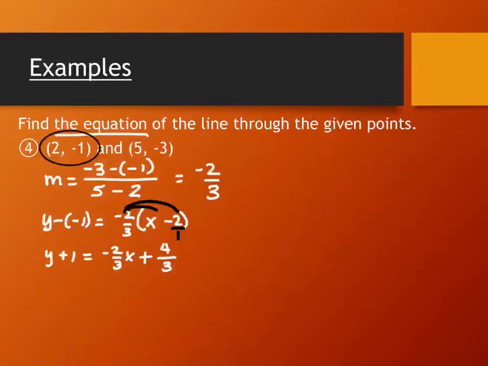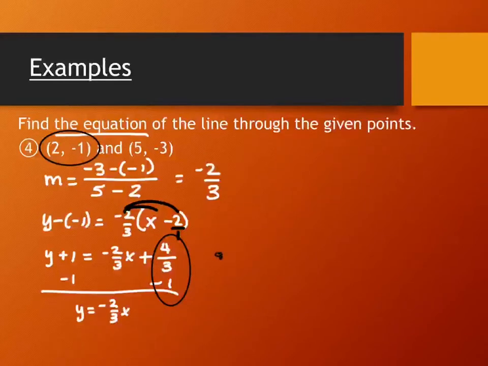And then again, to get into y equals, that point-slope form, I'm sorry, the slope-intercept form of the line, we would subtract the 1 right here. So we would have y on the left equals -2/3 x. And then right here, where I have 4/3 minus 1, we would need common denominators.